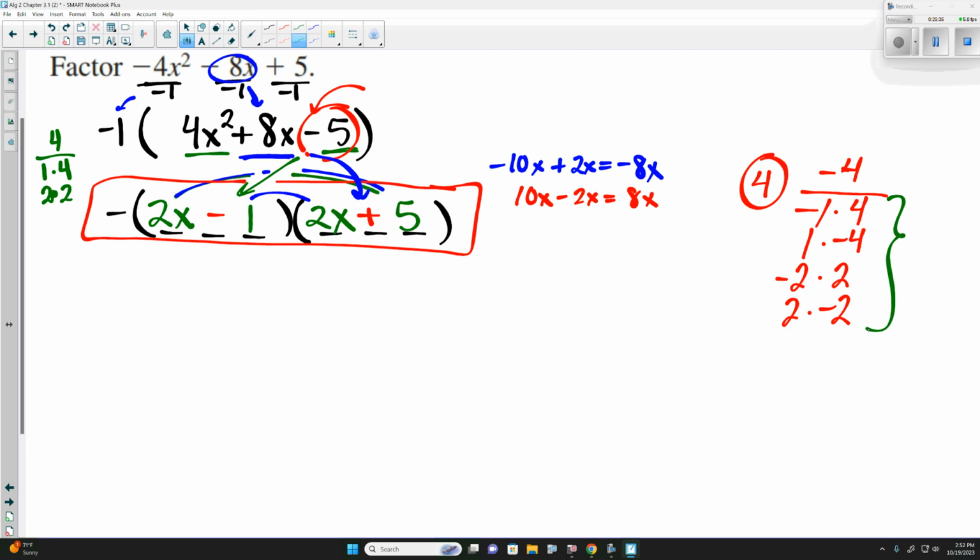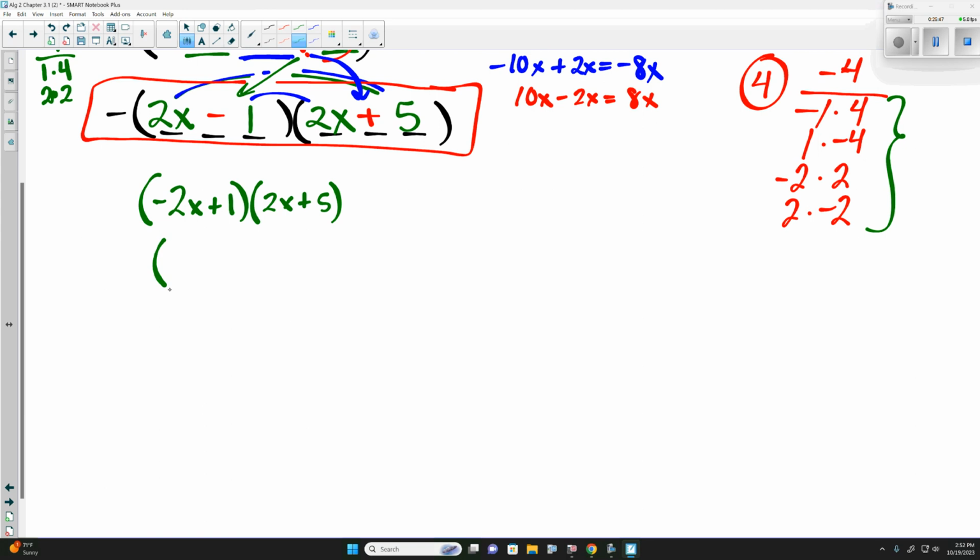But it is possible. Because if we left it, we would either say that it's negative 2x plus 1 times 2x plus 5, or 2x minus 1 times negative 2x minus 5. It'd be one of these two here. And both of them work.